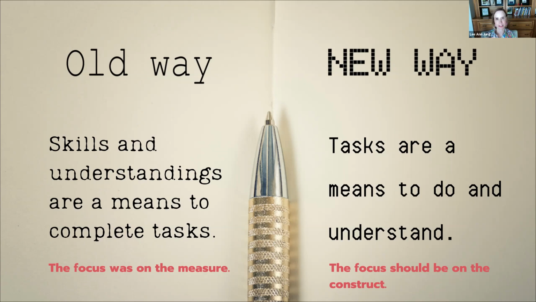So it's not just about measurement validity, it's about engagement, it's about academic integrity, it's about a lot. So the new way is the tasks, the tests, the assignments, and the homework are a means to do and understand.